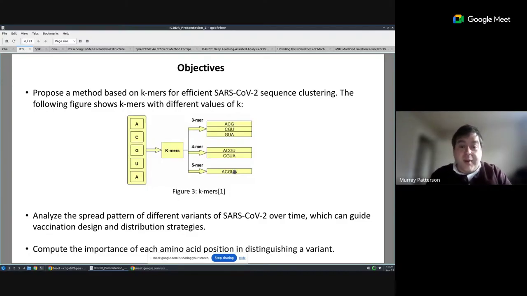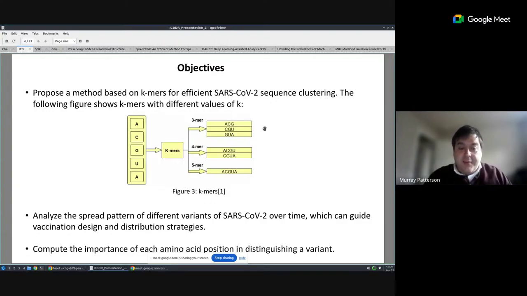So here we do something slightly different. We proposed a method based on k-mers, and hopefully most of us know what a k-mer is. A k-mer is just a contiguous substring of the string, a contiguous substring of length k, right?